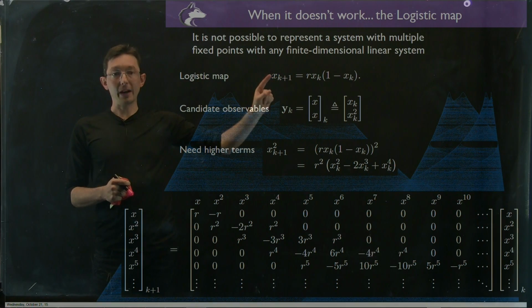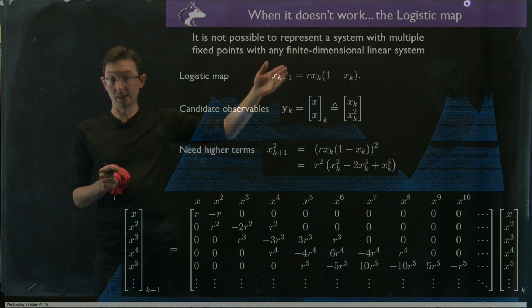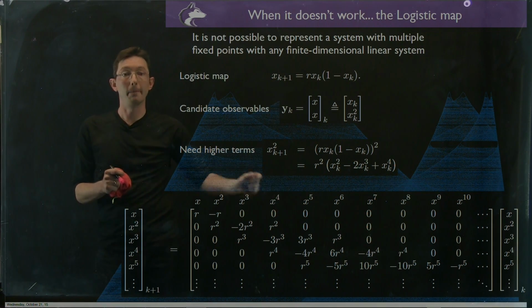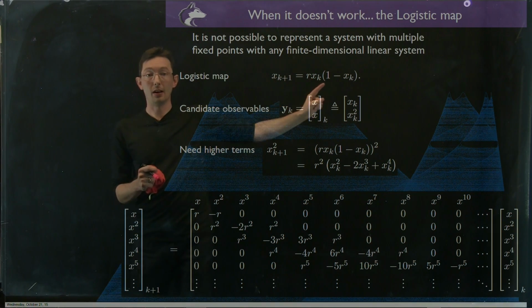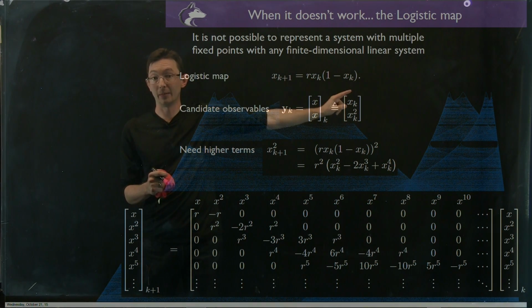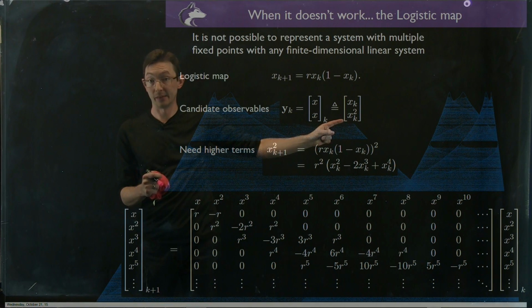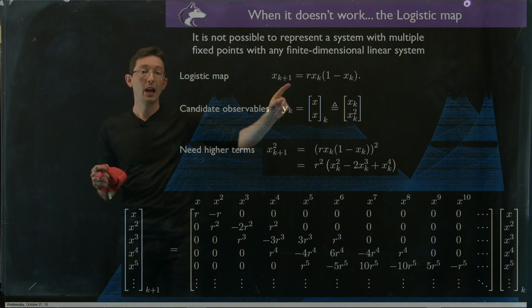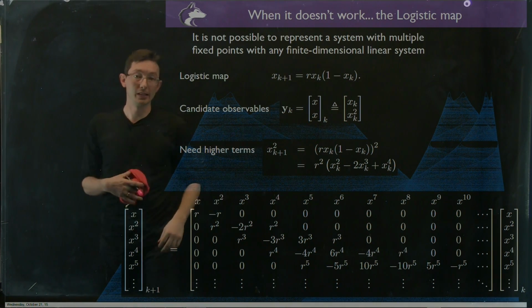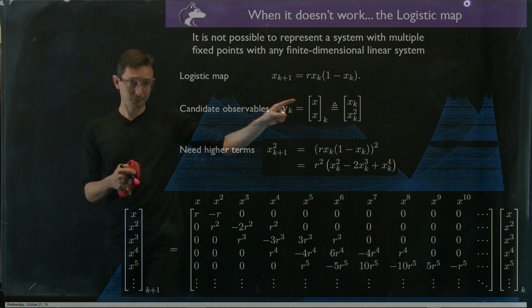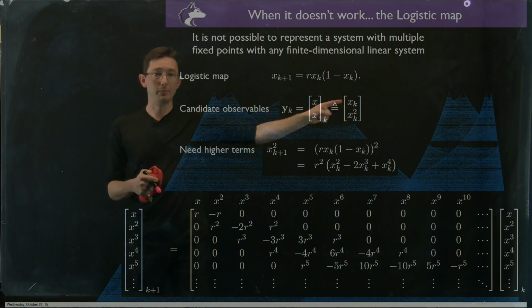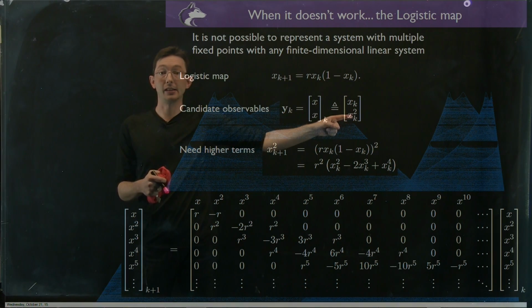Okay, so if I was going to advance my state using a finite dimensional Koopman subspace, then any nonlinear function in my dynamics has to be in my observable subspace. Okay? And so a candidate observable subspace would be having yk be xk and xk squared.